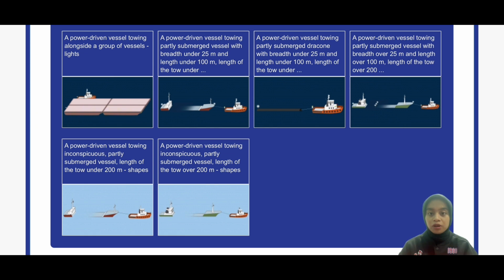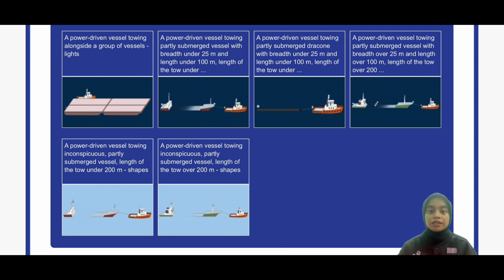A diamond shape at or near the aftermost extremity of the last vessel or object being towed, and if the length of the tow exceeds 200 meters, an additional diamond shape where it can best be seen, and located as far forward as is practicable.